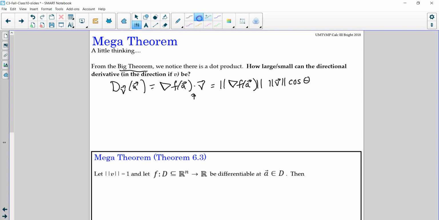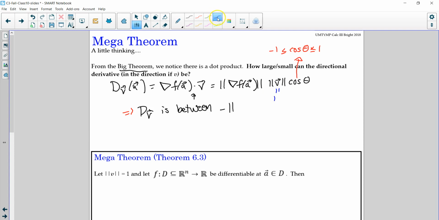Well, I also know that cosine is between 1 and -1 as a value. So can't I say that this implies that the directional derivative in the direction of v is between minus the gradient and plus the gradient, and I'll also mention that the magnitude of v is 1, by the definition of a unit vector.